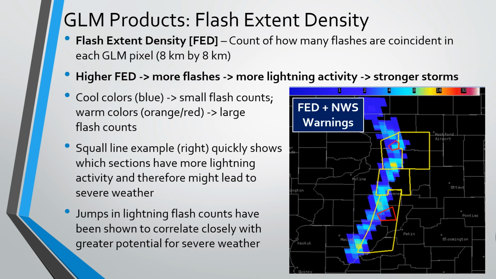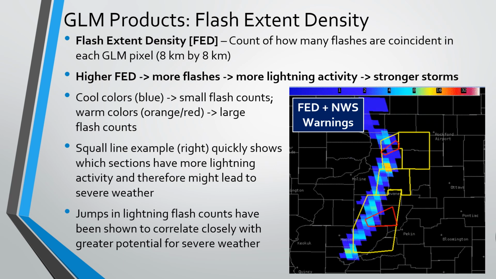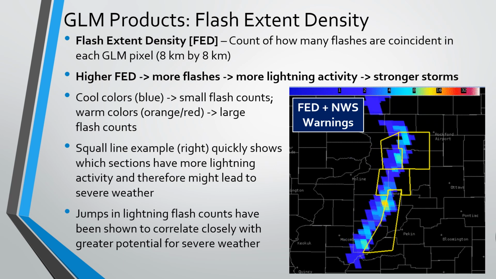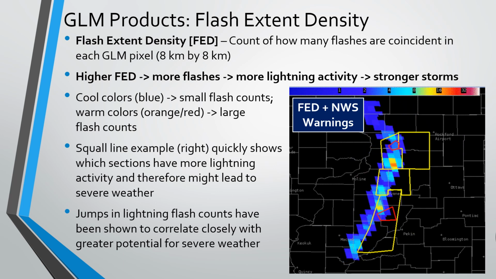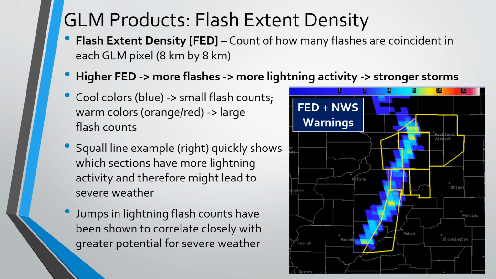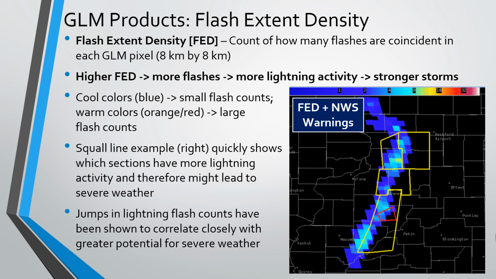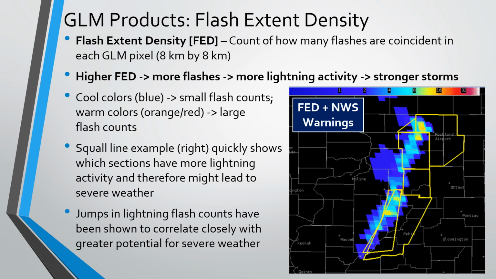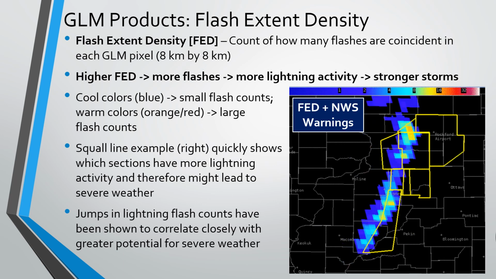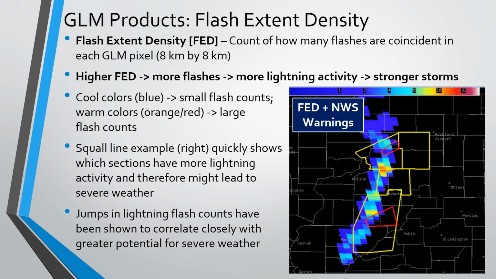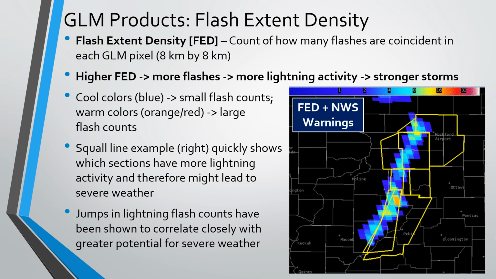Looking more specifically at flash extent density, we can see that the higher flash extent density values correspond to more lightning flashes, and that increase in lightning activity typically indicates stronger or strengthening storms. In the imagery on the right corner, cool colors or blue colors indicate lesser flash counts, whereas warm colors such as the yellows, oranges, and reds indicate relatively larger flash counts.